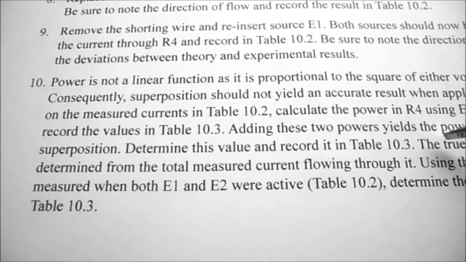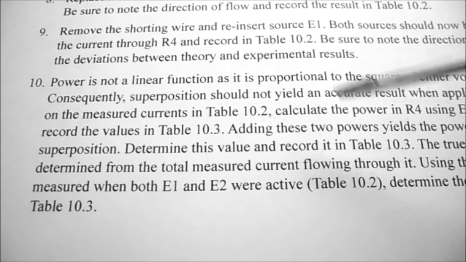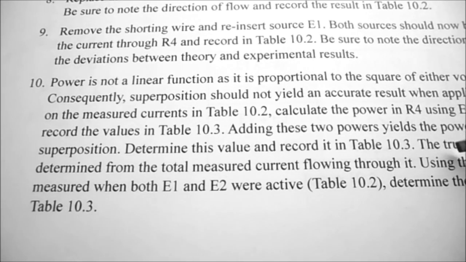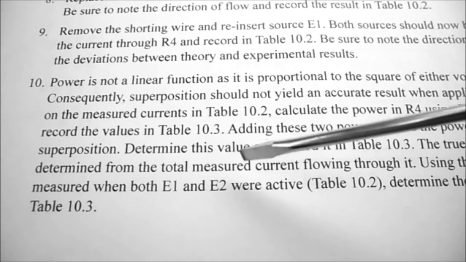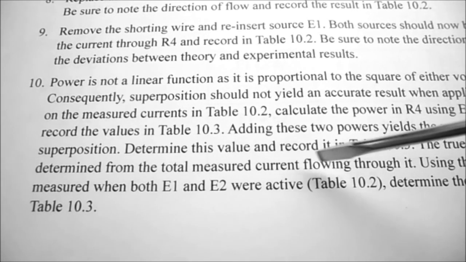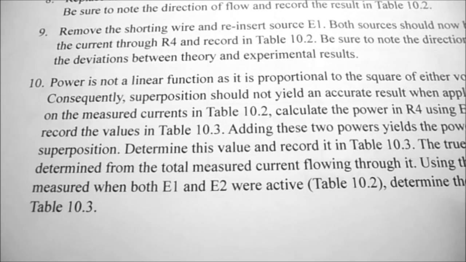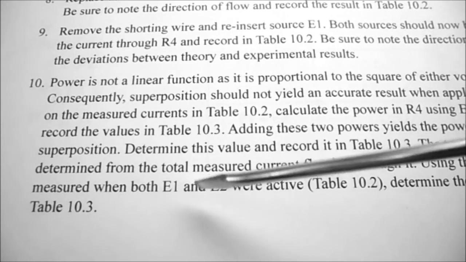Continuing on under procedure, step number 10, it says the true power in R4 may be determined from the total measured current flowing through it, using the experimental current measured when both E1 and E2 were active from table 10.2. We're to determine the power in R4 and record it in table 10.3.